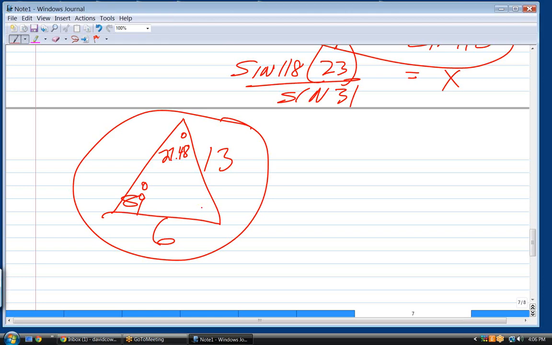This angle here has to be 63.48 just by adding these two and subtracting from 180. And once I have this angle, using the same law of sines, I can come up with that side there.